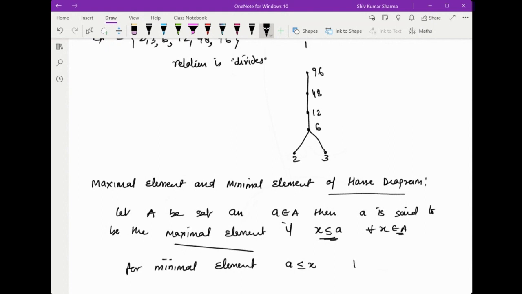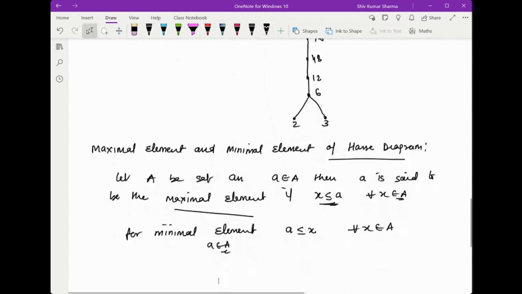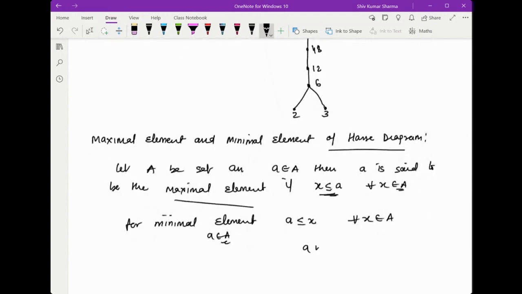So a is less than or equal to x, for every x belonging to A, and this a also belongs to A. So a is said to be the minimal element. Now we return to the above example.